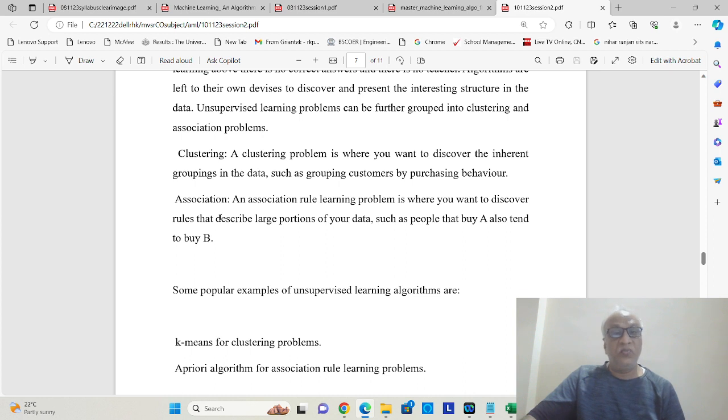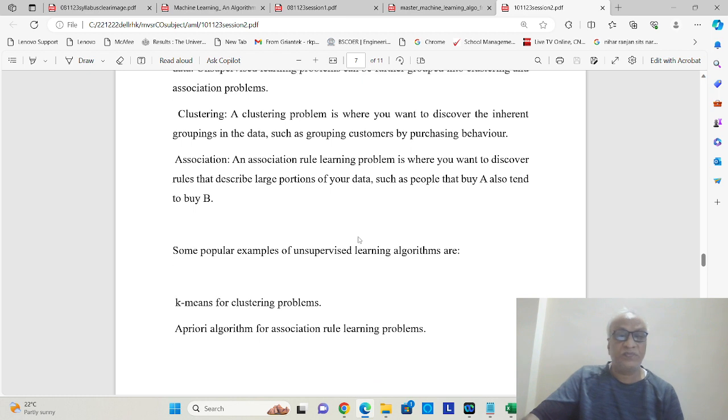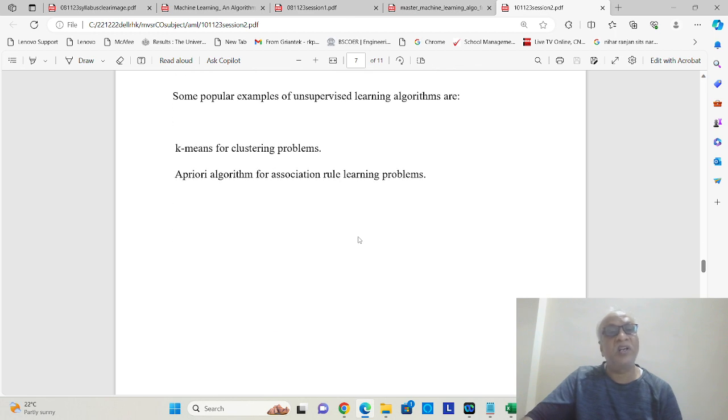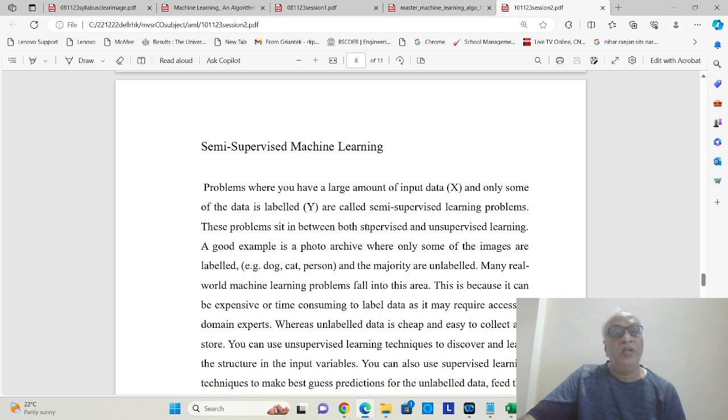The other category of problems under unsupervised learning is association rules, where you discover rules that describe, say, buying trends. A few famous unsupervised learning algorithms are k-means and Apriori. That was about supervised and unsupervised learning algorithms.